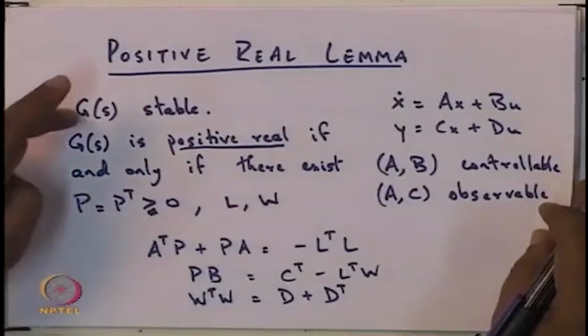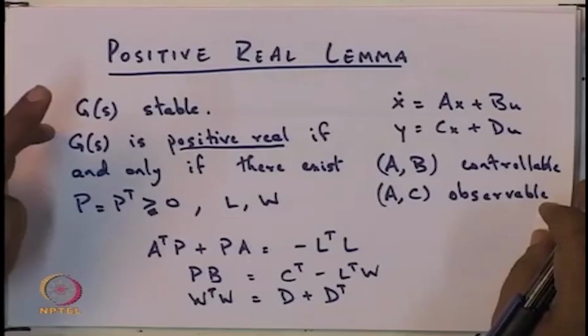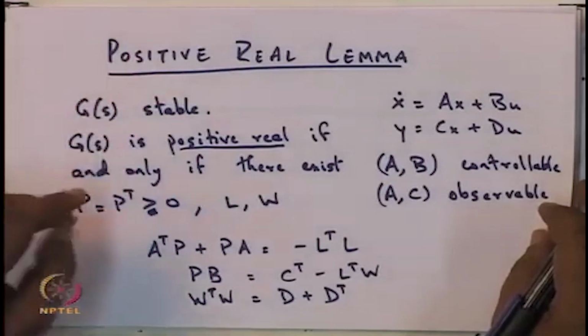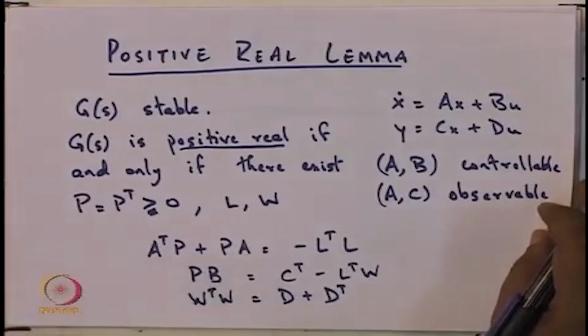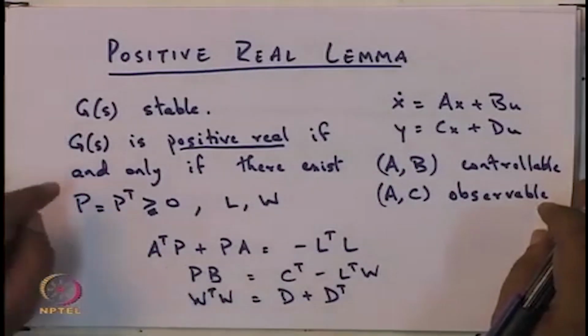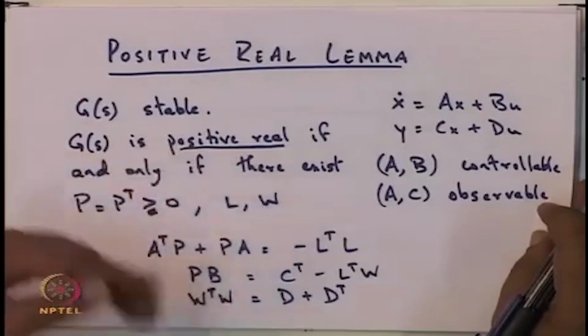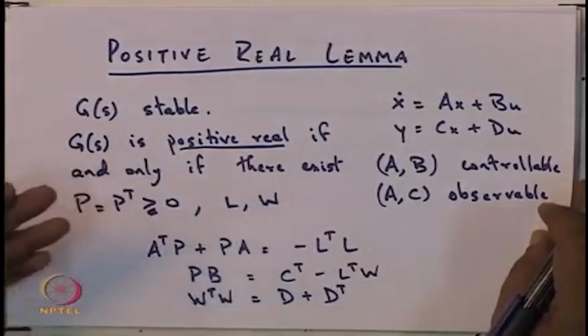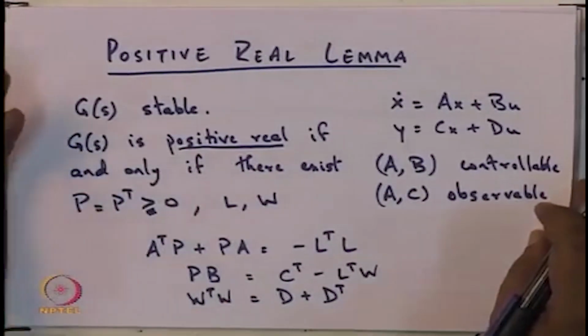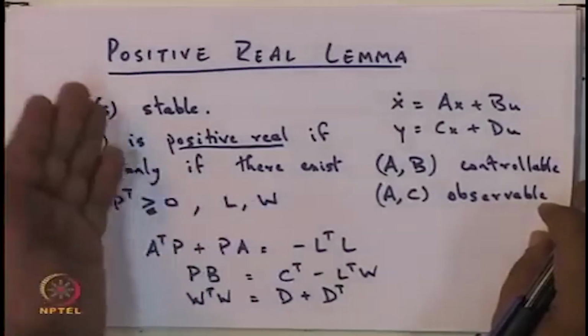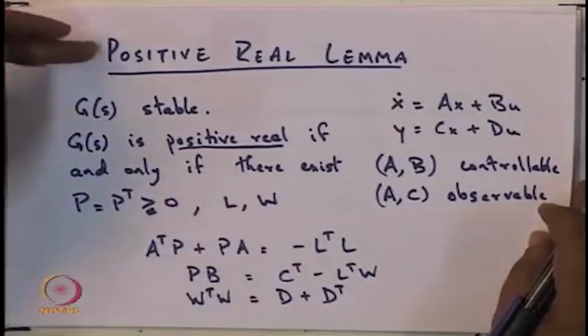The only constraint is that the matrices must be square, the number of inputs equal to the number of outputs, and G(s) positive real. There is a definition of positive reality for matrices which I have not given, but I will give it as soon as we finish the complete proof.